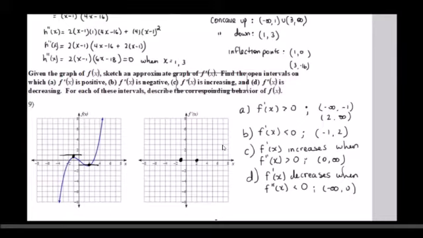So from -∞ to -1, it's above the x-axis, and from 2 to infinity, it's above the x-axis, so it may look something like that. Those are both above the x-axis. And between -1 and 2, it's below the x-axis. F prime of x is less than 0. Okay.